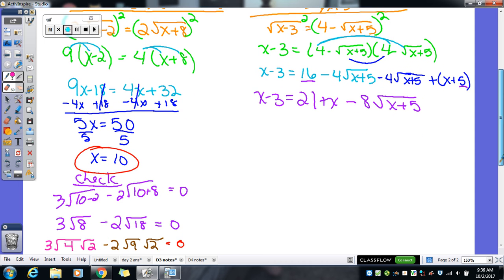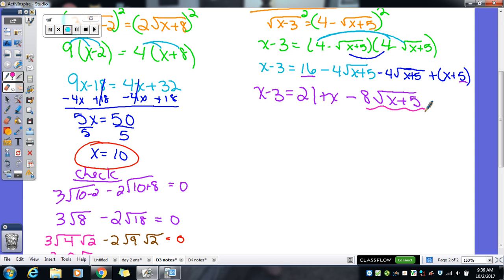So what we want to do now is we're going to have to square again. We have to isolate that radical now. So I'll subtract my 21 and subtract my x.